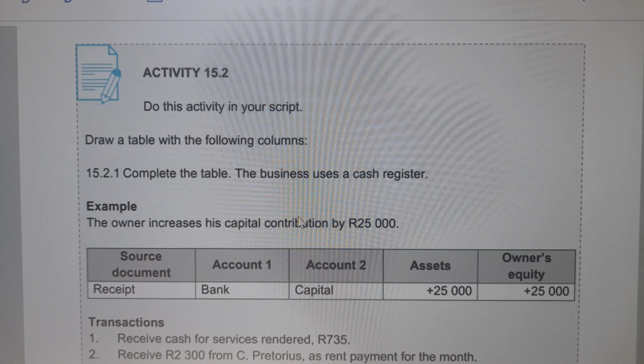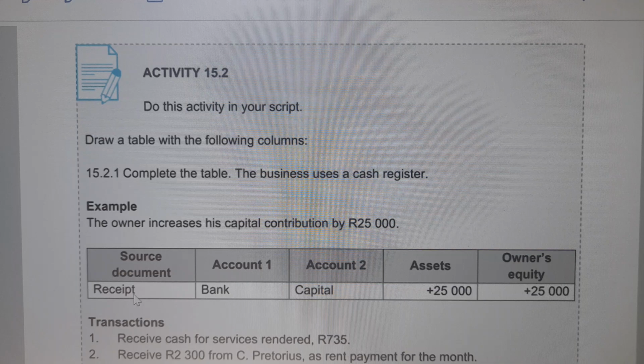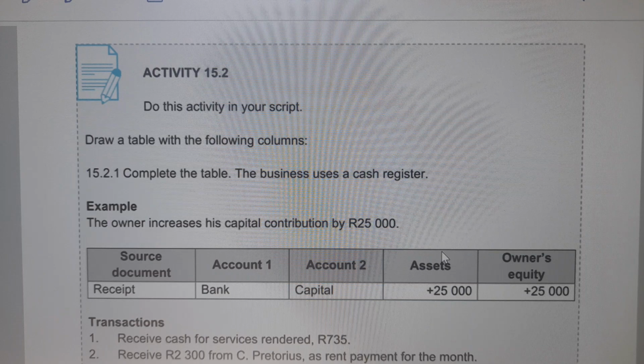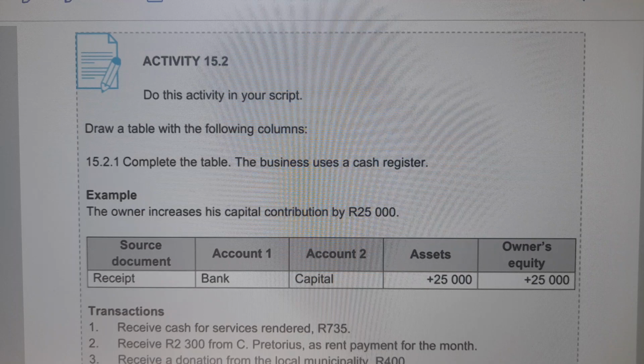So the source document will be the receipt. Remember, for money received, it's the receipt. And account 1, which is the bank, will get money. Account 2 will be the capital, and the assets will increase and the owner's equity will increase. This is the effect on the accounting equation.